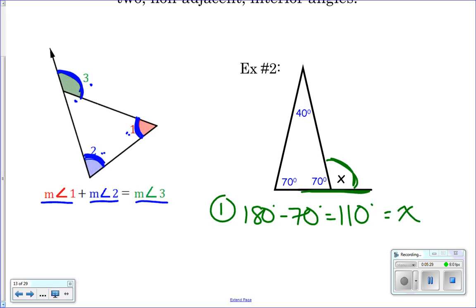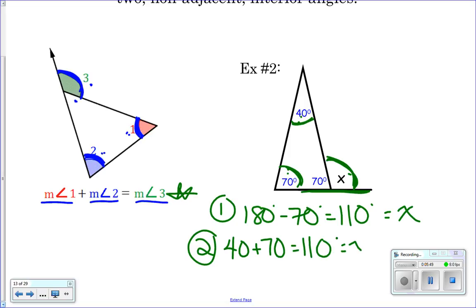The other way of doing this, using the rule that we just talked about, I can say, okay, well, this is the exterior angle, so I know this plus this, the opposite interior angles, must be equal to this. So 40 plus 70 is equal to 110. And you guys can see we get, obviously, the exact same answer.